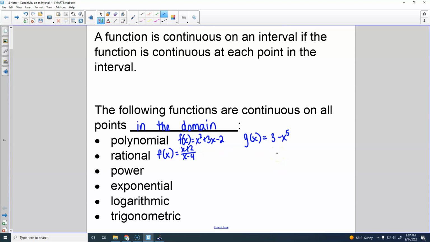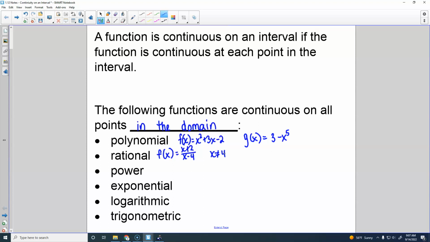What value can we not have? We cannot have 4. So the domain for this is everything except x cannot equal 4, right? So this rational function is continuous except at 4. So this does not mean these functions are continuous everywhere. They're continuous everywhere in the domain.